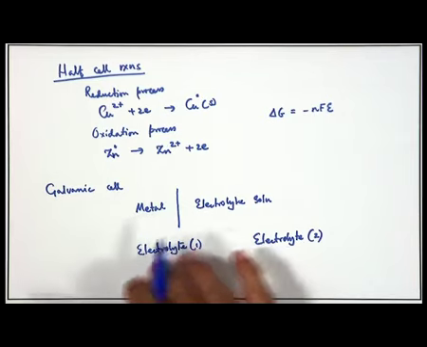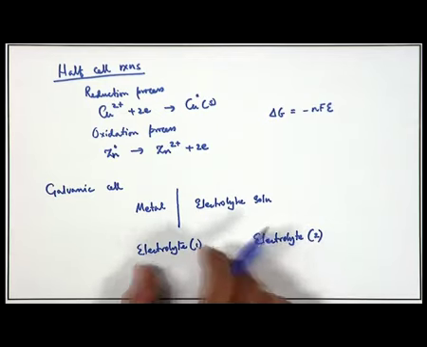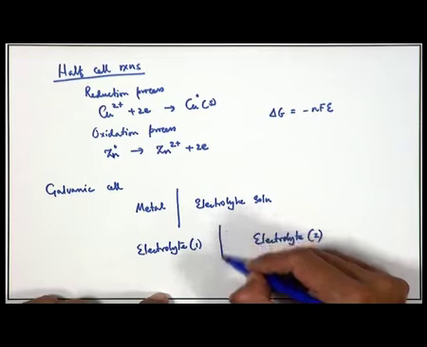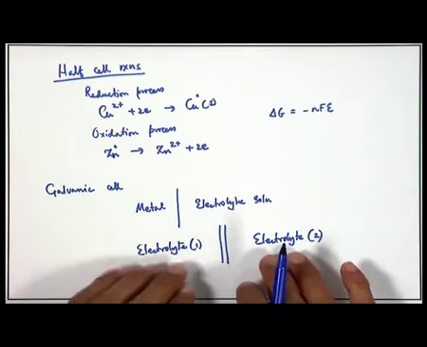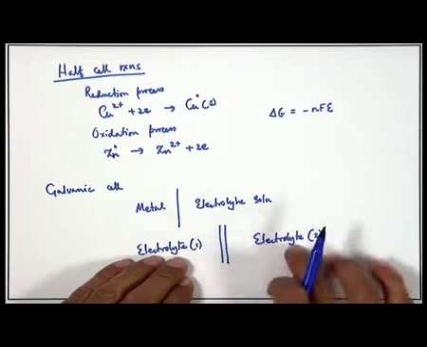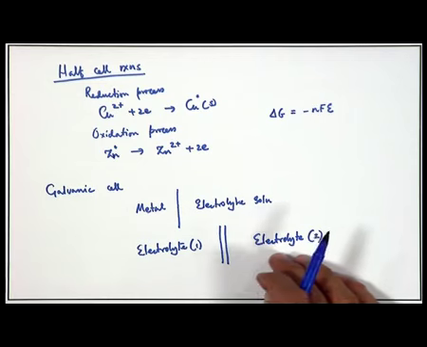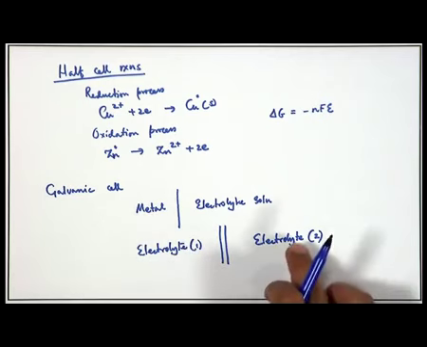You are not mixing copper sulphate with zinc sulphate. They are kept in separate containers but connected with the help of a salt bridge. So, this arrangement is represented by writing the two electrolytes side by side and putting two vertical lines in between. That represents the salt bridge, which bridges electrolyte 1 with electrolyte 2.